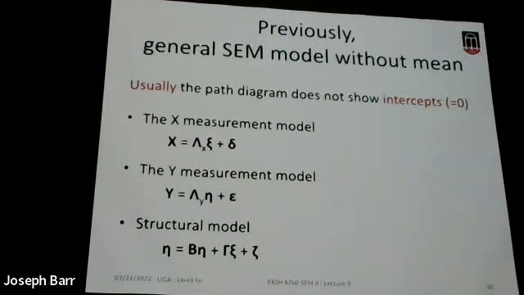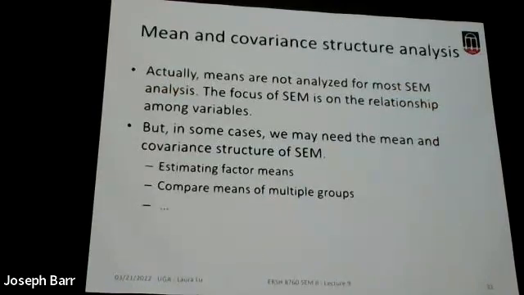But if we consider a full SEM, we need to look at the mean in addition to the covariance part. The focus of SEM is still the covariance. The mean part is not as important as the covariance part.